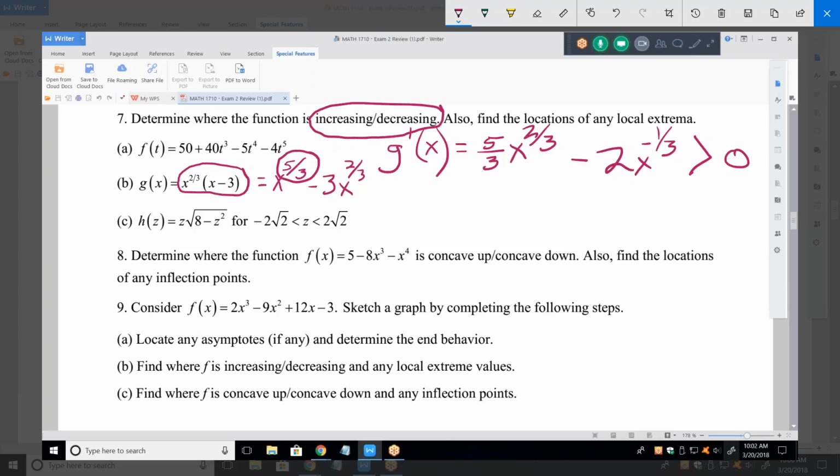You're going to have to use a line chart. Remember, whenever we're solving an inequality that involves a product or division, you're going to have to use a line chart. Now, at this point, it doesn't involve a product, but I can factor something out. What can I factor out so that I'm left with two things being multiplied together instead of two things being subtracted?